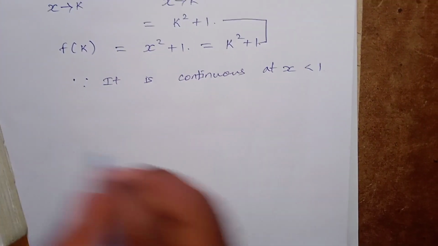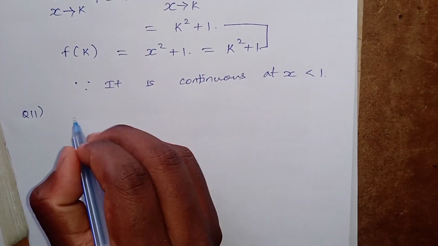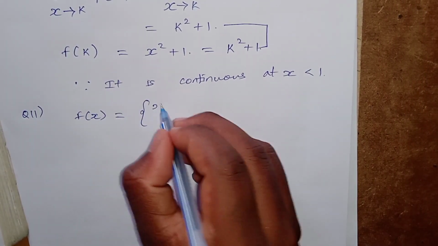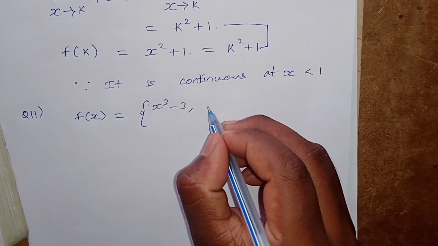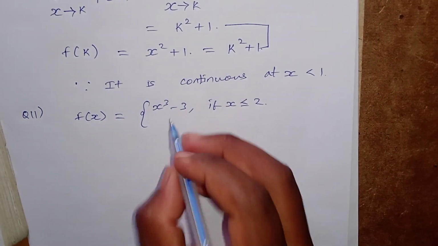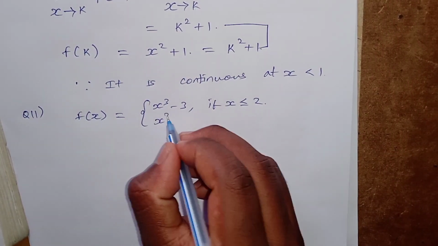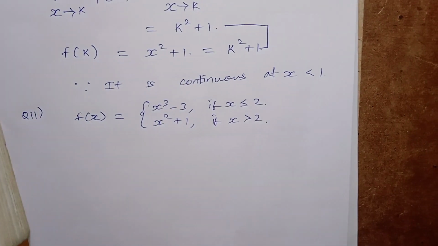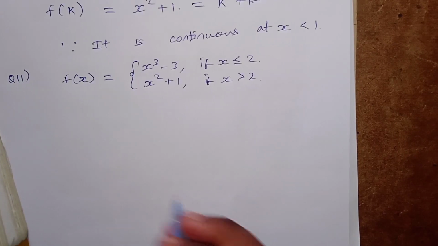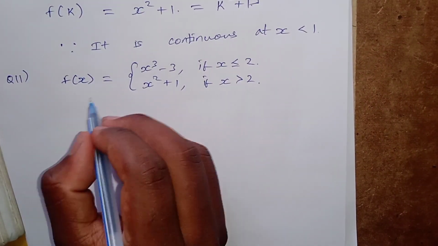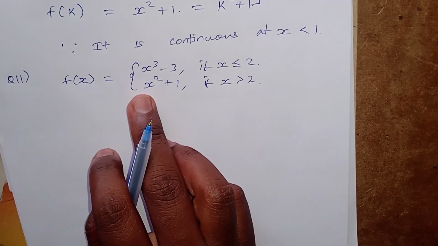Okay, I am taking my given function f of x equal to x cube minus 3 if x less than or equal to 2, next, x squared plus 1 if x greater than 2. Okay, therefore here find all points of discontinuity.